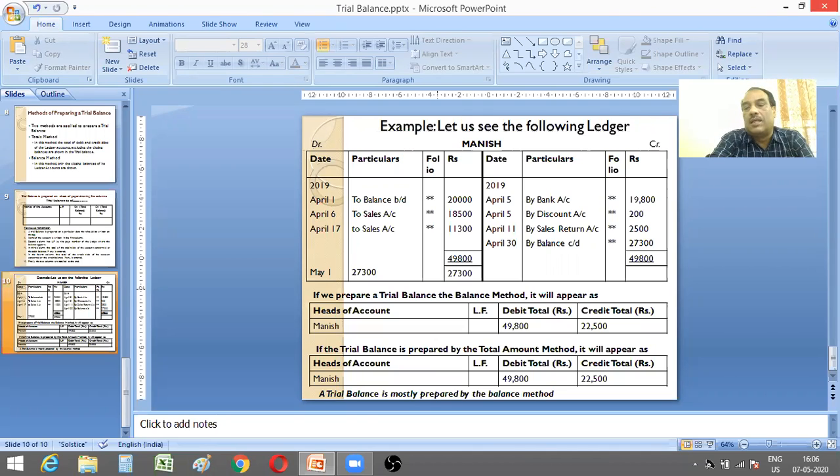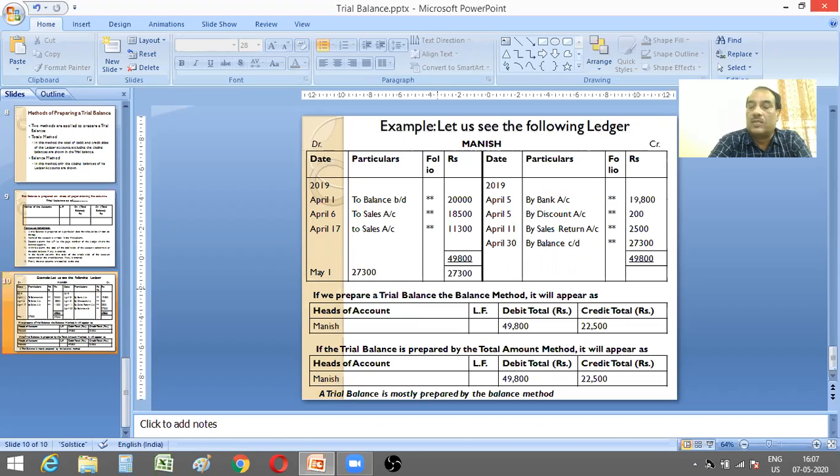Then here we will write the ledger folio, the page number of the ledger where the Manish account is maintained. Then it is 49,800, so 49,800 has been written, and credit was falling short. So the total of credit is 22,500.